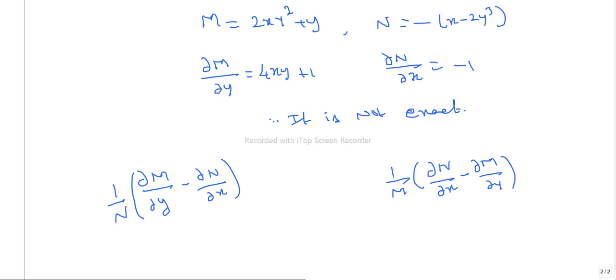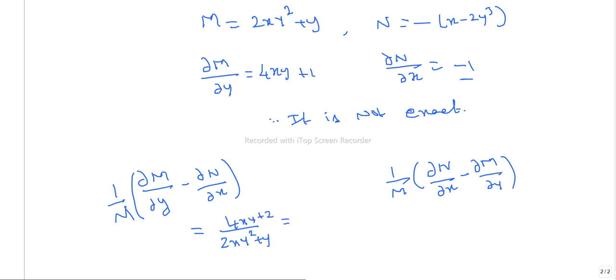So first you start by finding this value. If it is first m, then we have to take m; if it is first n, we take n. So here, in the denominator we have 2xy square plus y, and in the numerator, on subtracting, we get 4xy plus 2.